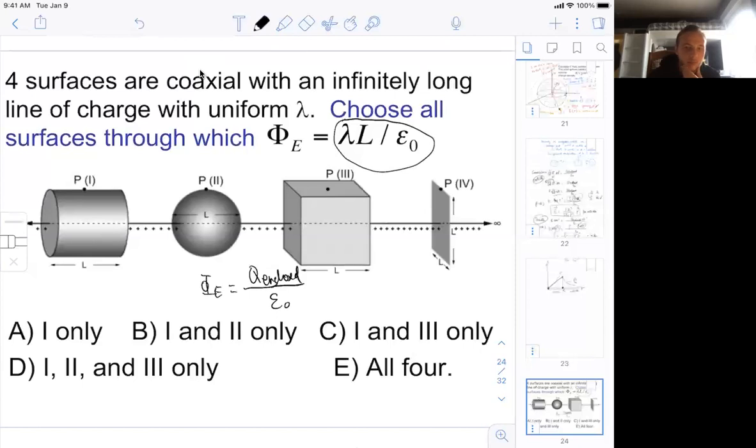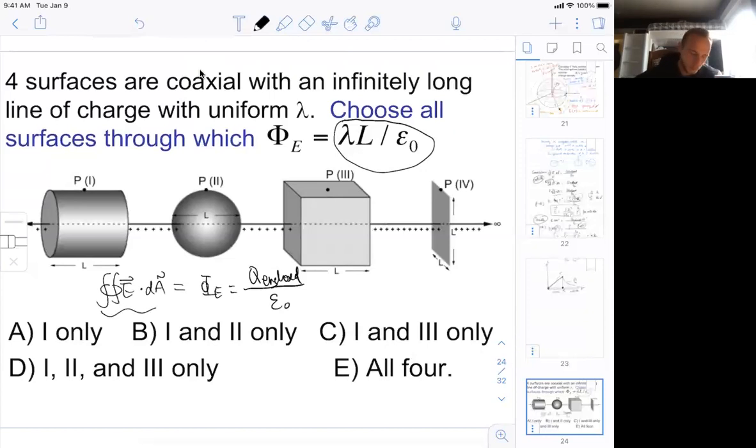So which means the flux is what? Flux is the integral of E dot dA. So it's asking whether this is valid for surface 1 or 2 or 3 or 4 or some of them. What do you think?